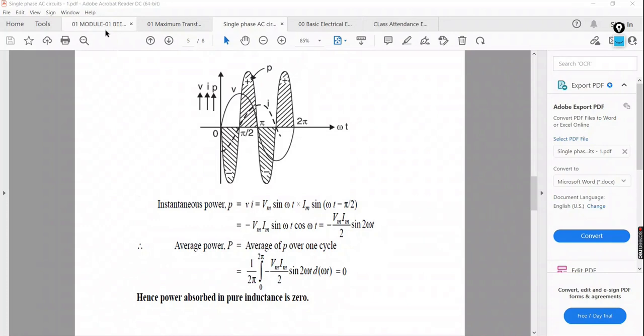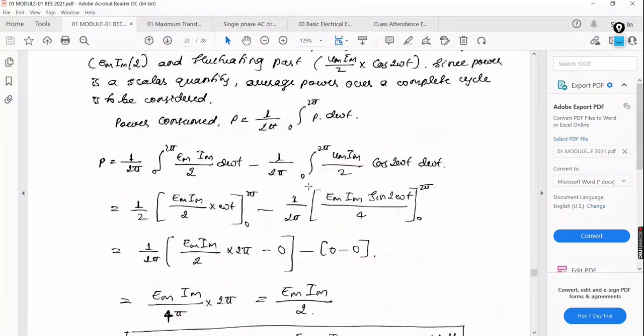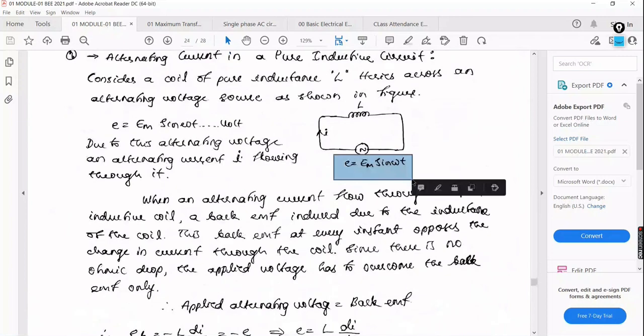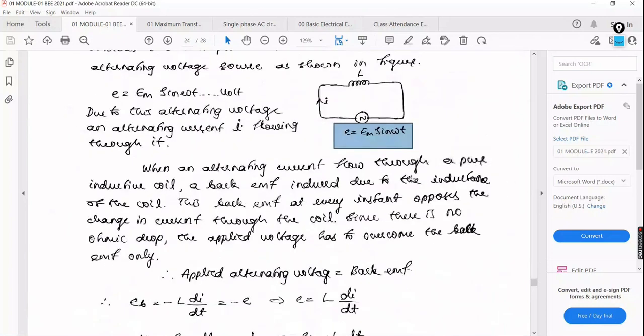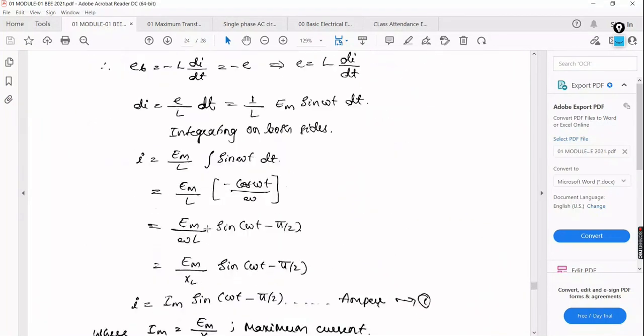Okay, so I will refer to my notes. What happens with respect to that inductance? Whenever you apply E is equal to Em into sine of omega t, or V is equal to Vm into sine of omega t, it causes current to flow.